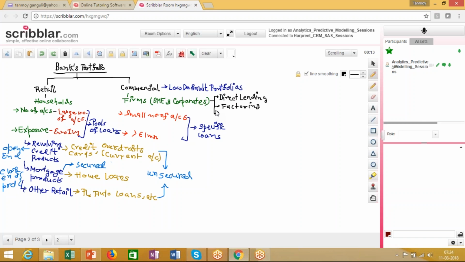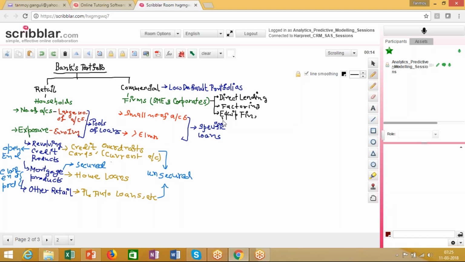You have other ways of lending like equipment finance, franchisee finance, vehicle finance, etc.